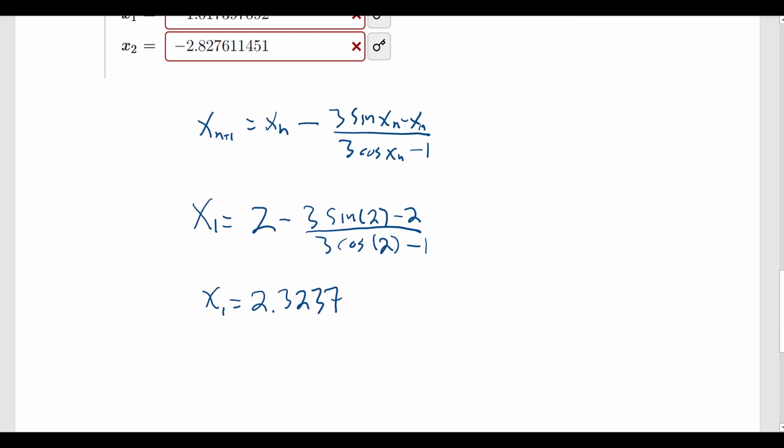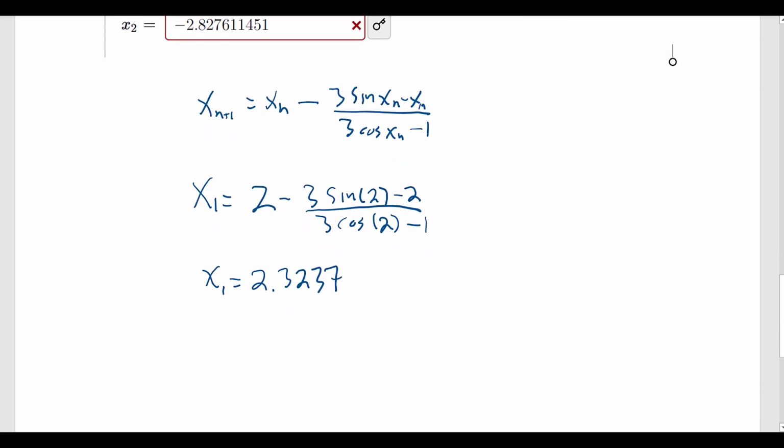I had to be really careful when I put it in: 2 minus, parentheses, 3 sine of 2, close those parentheses, minus 2, close that parenthesis, divided by parentheses 3 cosine of 2 minus 1. That's how I put it in to get this value.